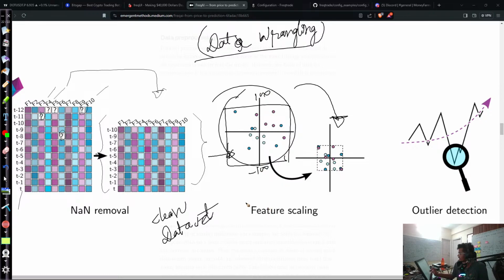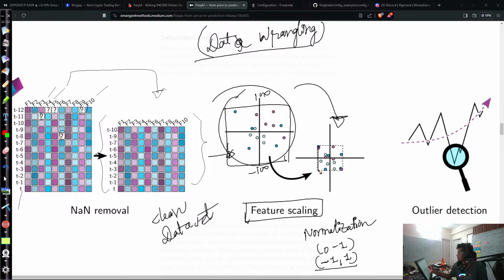So now we have to do scaling, which is normalization, so that we keep the values between 0 to 1 or -1 to 1, and all the data would be rescaled to this.